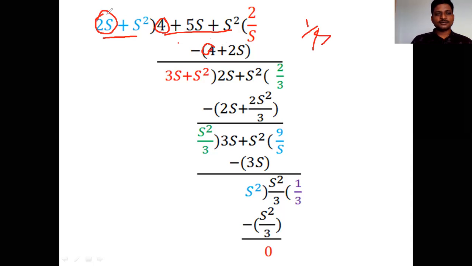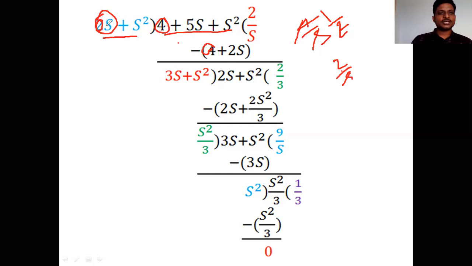If the divisor has s, the quotient will have 1 by s. And here you have 4, so you write 4 in the numerator, and here you have 2, so you write 1 by 2. This 2 and 4 get cancelled. Finally, you are going to get 2 by s. That will be the quotient.